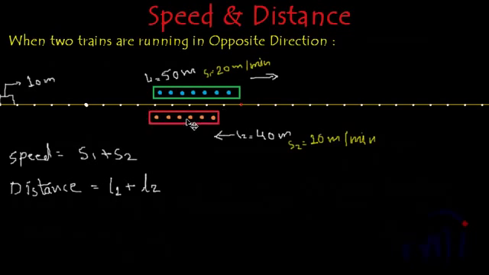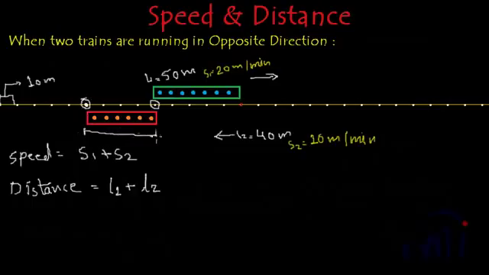It's traveling from here till here. The front end is coming from here till here, and this is equal to the length of this red train, isn't it? That is why the distance which has to be traveled is equal to the sum of both their lengths, right?